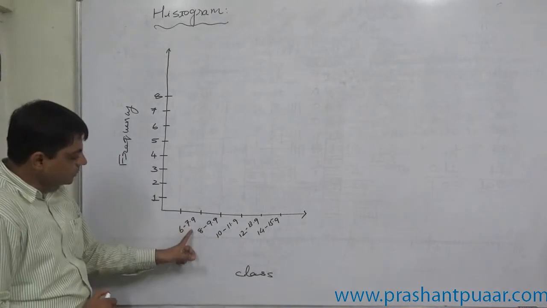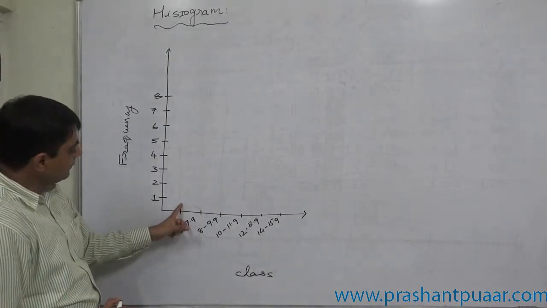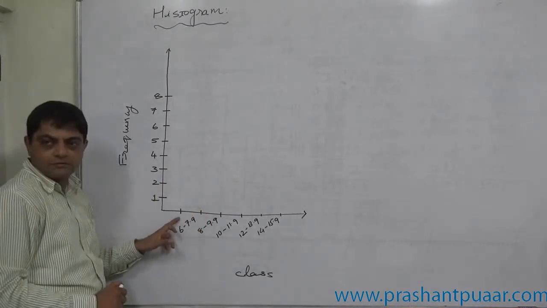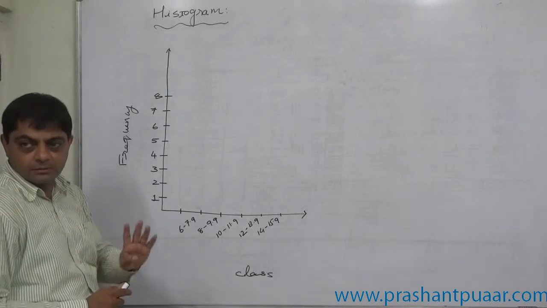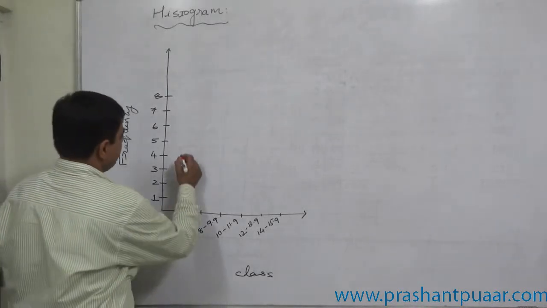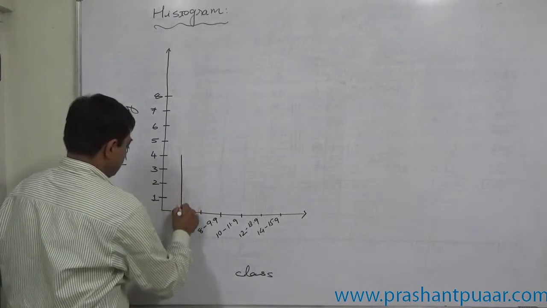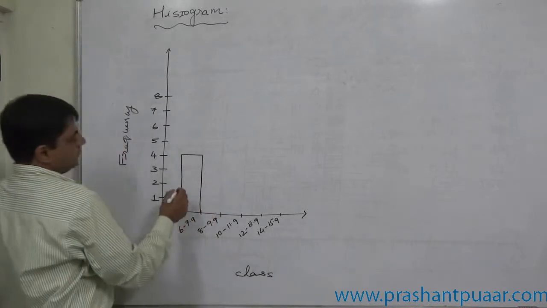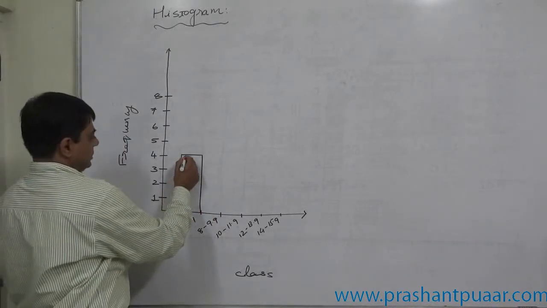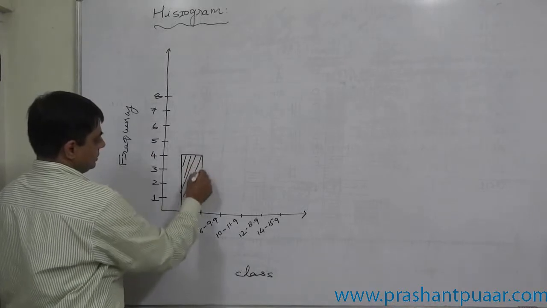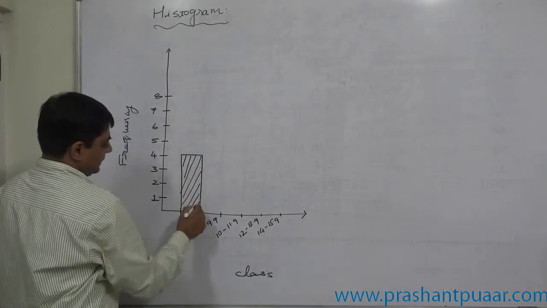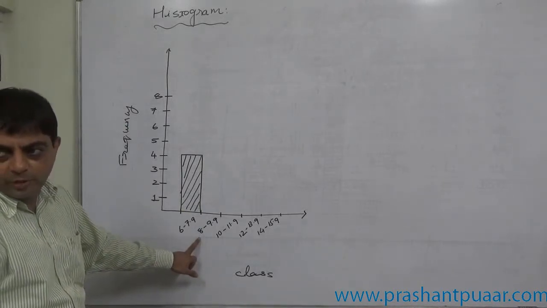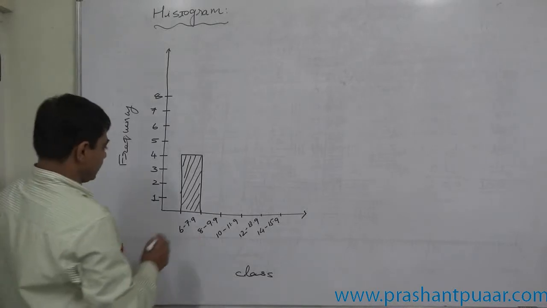In histogram, we just require to draw bars with the height of frequency. The frequency of class 1, 6 to 7.9 is 4. Yes, is it 4? Okay. So a bar up to height of 4. What is the frequency of class interval 8 to 9.9? It is 2, yes.